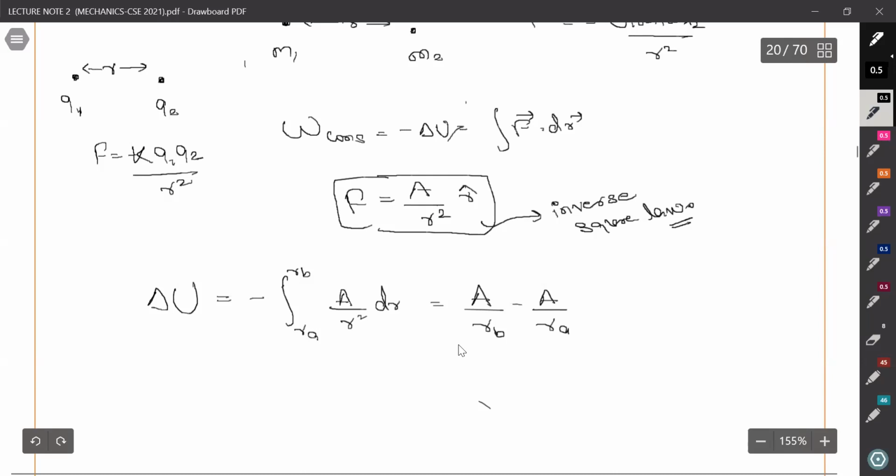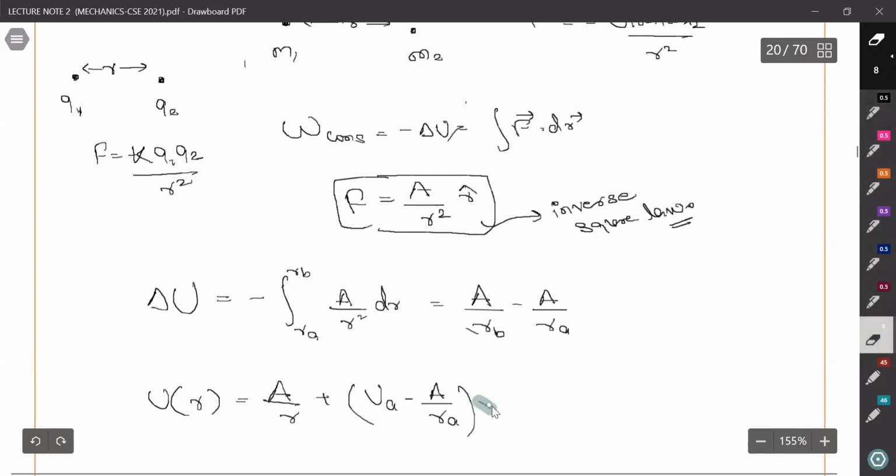So if we want to find out the potential at a point r, we will replace these things. Going from ra to rb, we can write a upon r plus ua minus a upon ra.